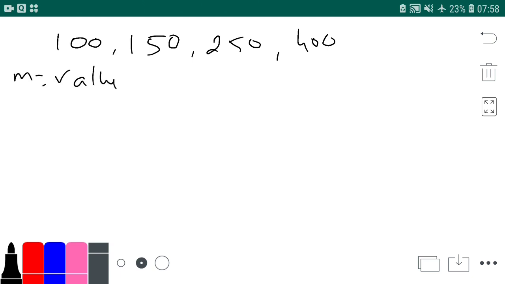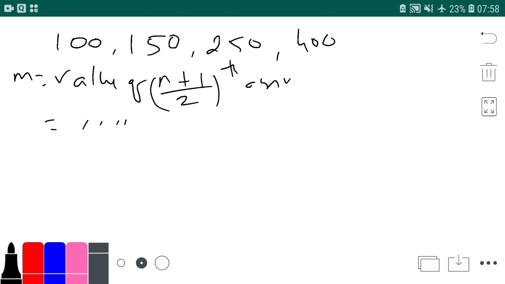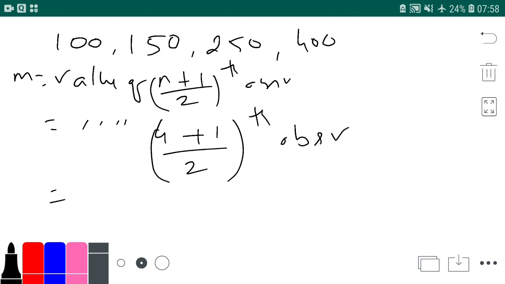It is the value of (n plus 1) upon 2th observation. It is (4 plus 1) upon 2th observation. So 4 plus 1 is 5, 5 upon 2 is 2.5th observation. So again we stopped here: its value of the 2.5th observation.